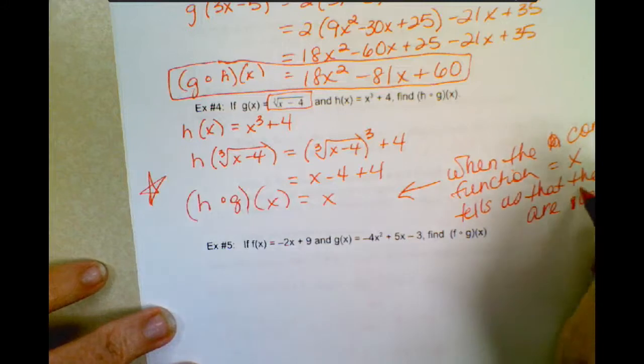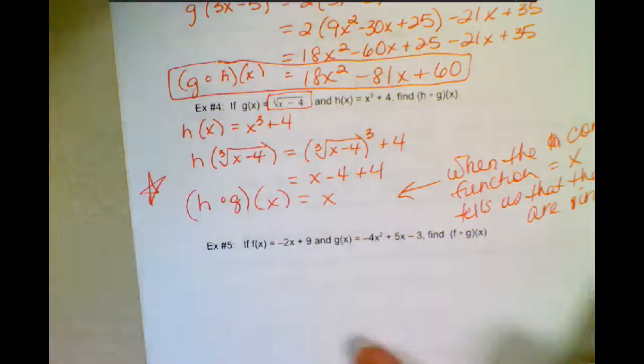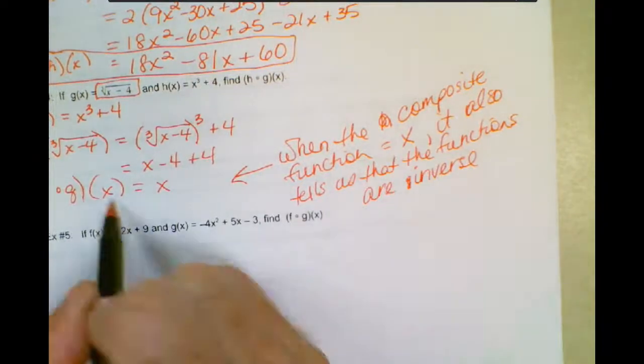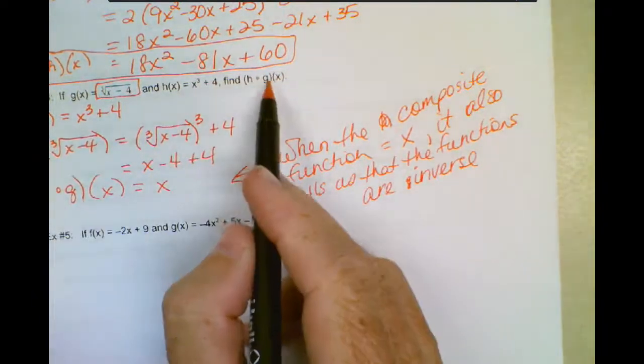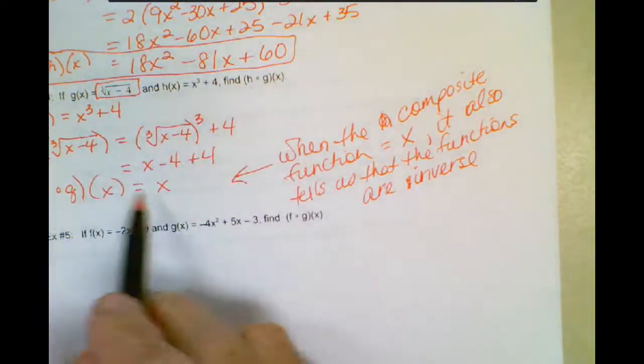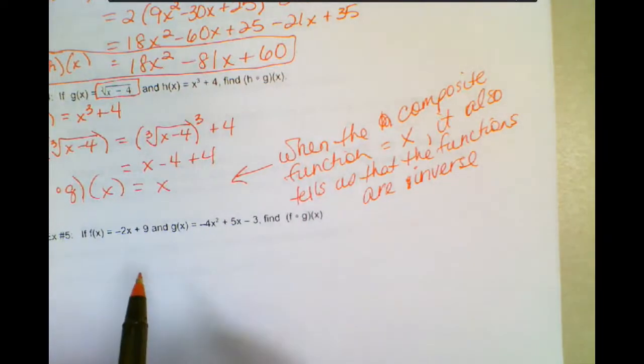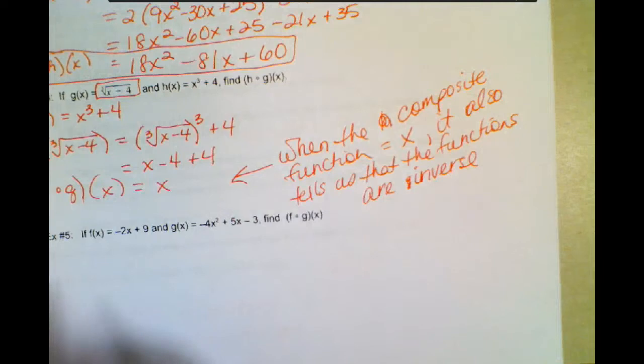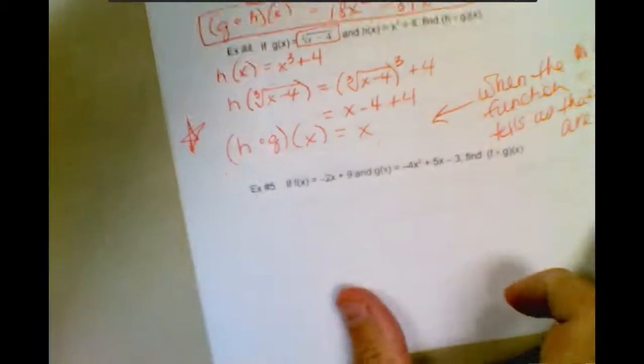Remember, back in another section we were already doing inverse functions. When the composite function equals x, so when we do h of g of x, if we did g of h of x, we would also get x in this case. Then the functions are inverse. Okay, make sure you get that down. And let's go check our last example.